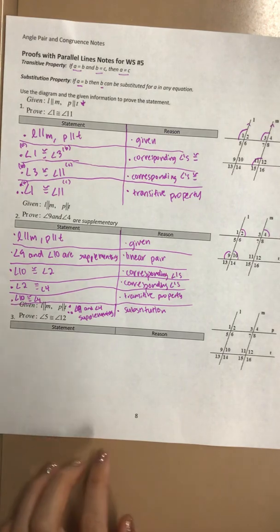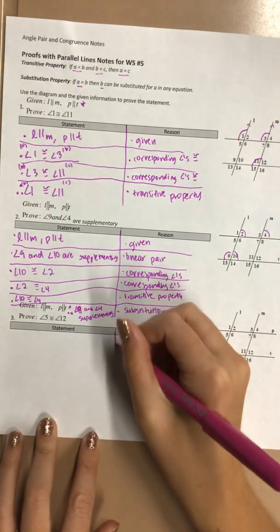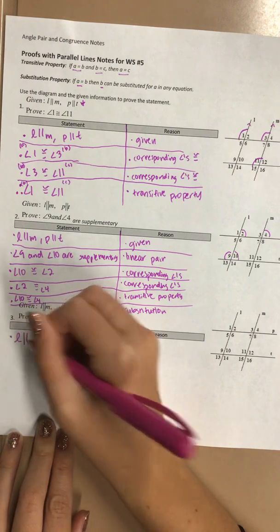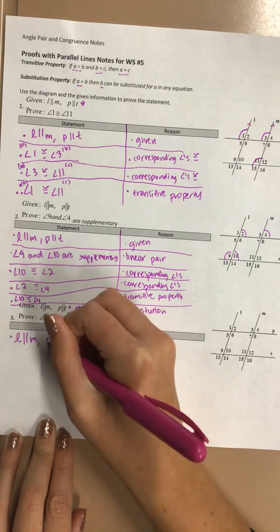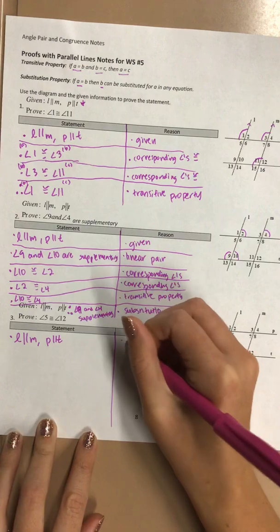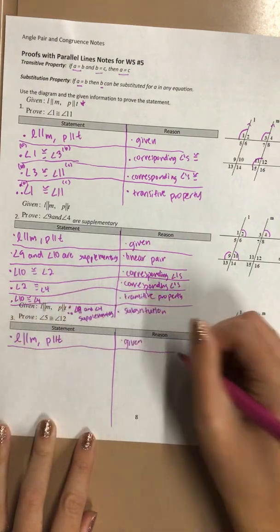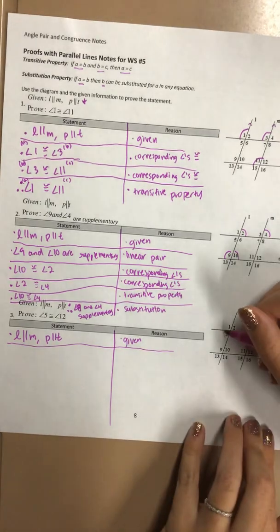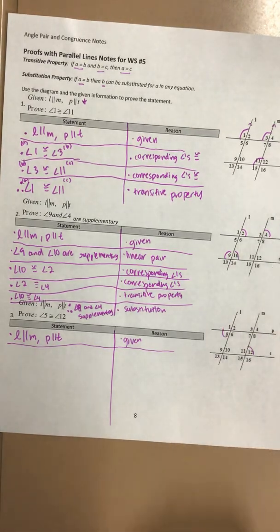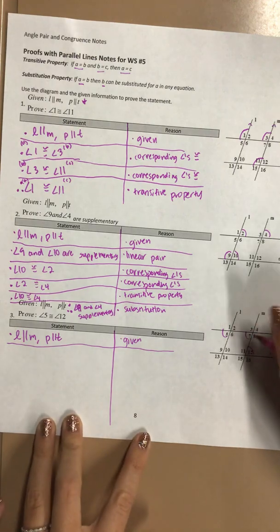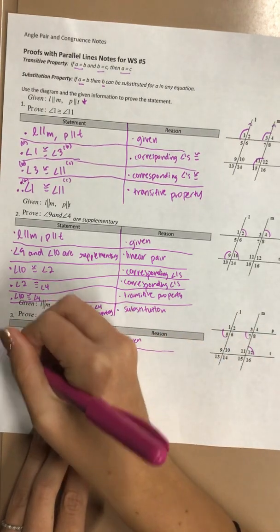Next proof, we're going to start with our given. It says line L is parallel to M, and P is parallel to T, and that is our given. We are trying to prove that 5 is congruent to 12. So we're going to say that 5 and 7 are corresponding.